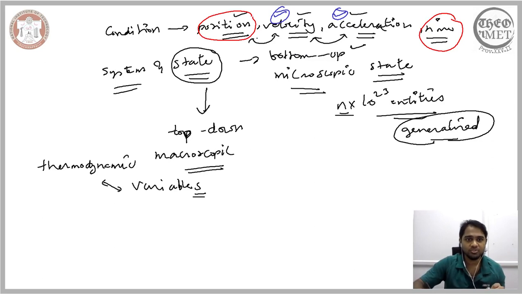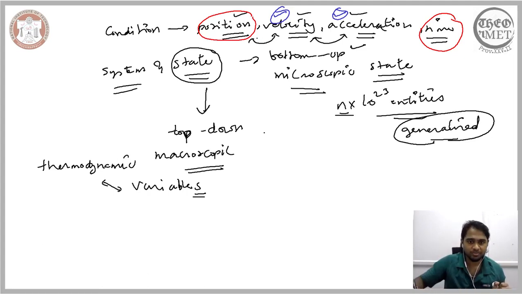The same goes for thermodynamics. Here we have identified that the state of a system can be described by a specific set of variables called thermodynamic variables, and by setting specific values to these variables you will be able to fix the state of the system.